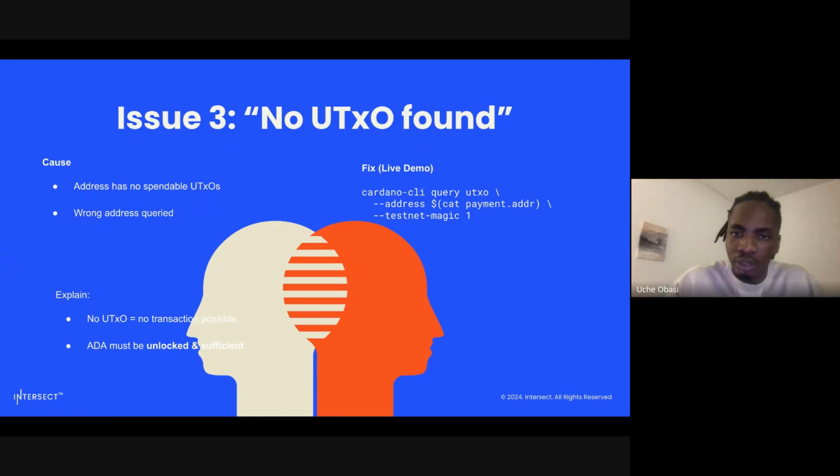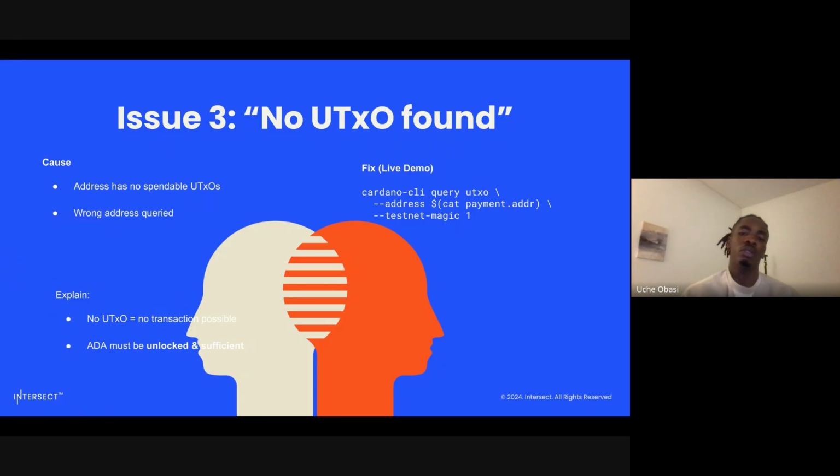Another issue we experience is no UTXO found. Usually when issues like this surface, it could be that the address has no spendable UTXOs, or it could be a wrong address queried.